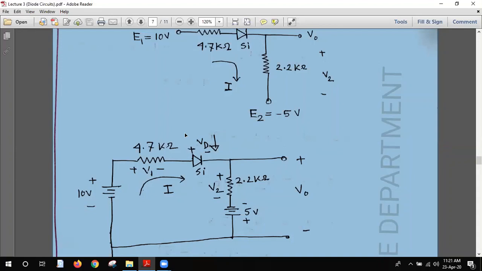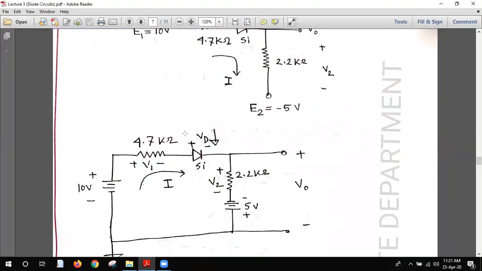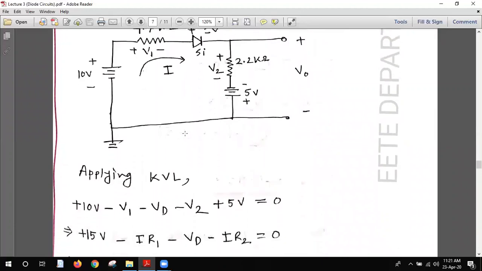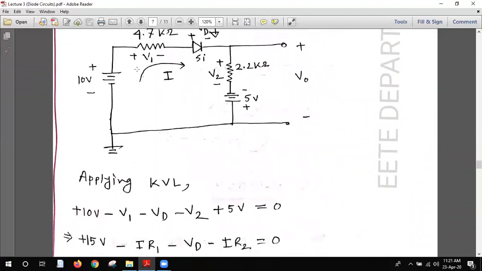Okay, so from this configuration, at first we will apply the KVL in this first loop. When we apply the KVL, we're taking the second sign, so plus 10 volt, then minus V1, then minus VD, the diode voltage, then minus V2, and last plus 5 volt.